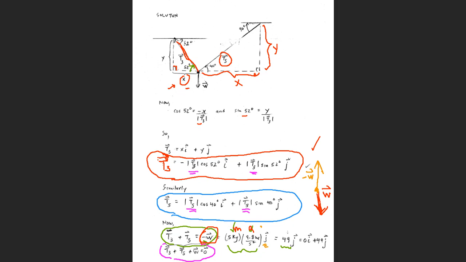All right. Well, you notice 49J can be written as 0I plus 49J. We're adding T3 and T5, so this equals the T3 vector plus the T5 vector.